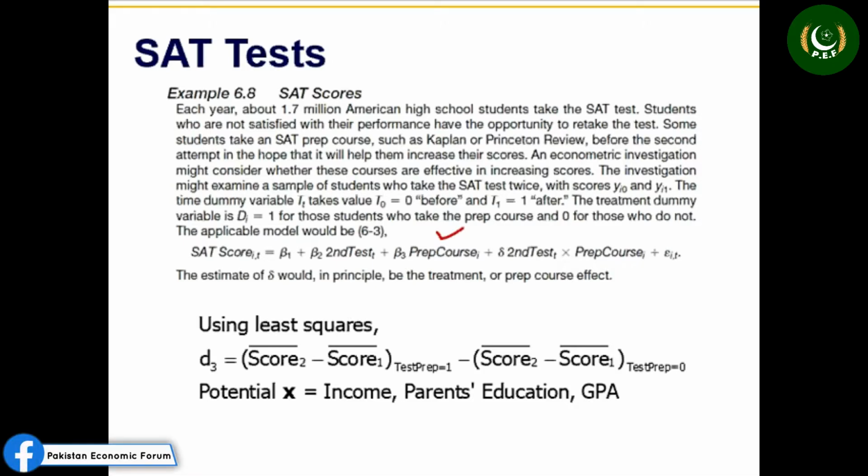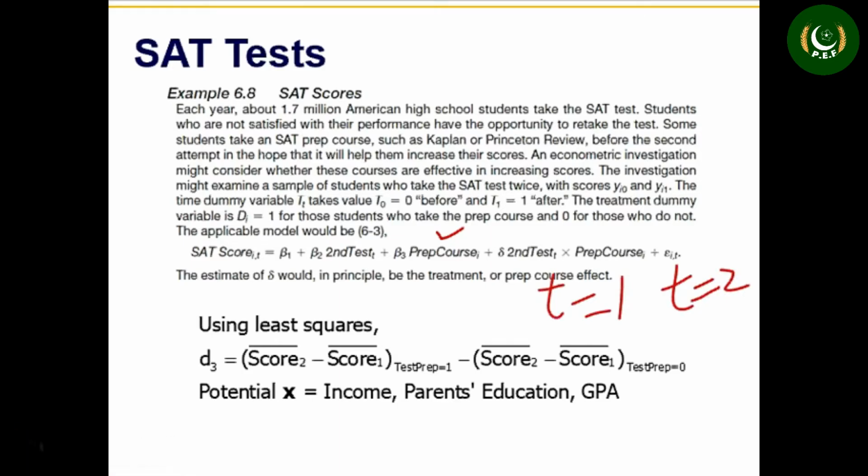So there are two time periods, t equal to 1 and t equal to 2. If t is 1, we say it is 0. If t is equal to 2, we say it is equal to 1. d is equal to 1 if you have taken the prep course, and d is equal to 0 if you have not taken the prep course.